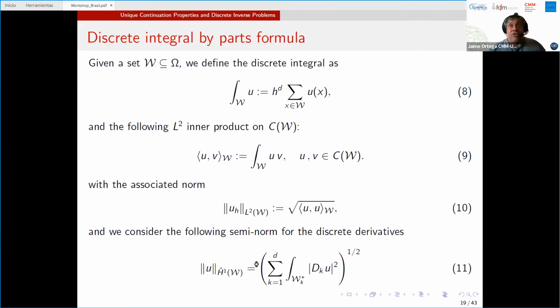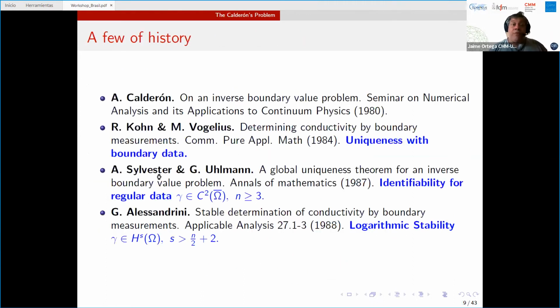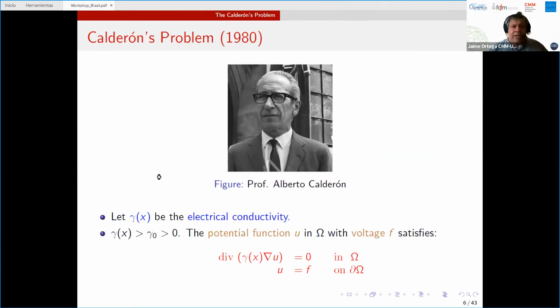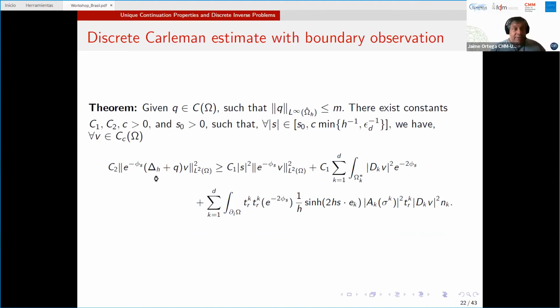The additional one is you can rewrite your equation with a transformation, and instead of studying the divergence of gamma gradient of u, it is equivalent to study the Laplacian plus q, where the main idea is, can we recover q from boundary measurements?